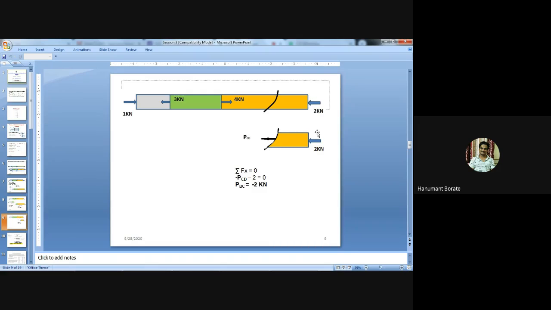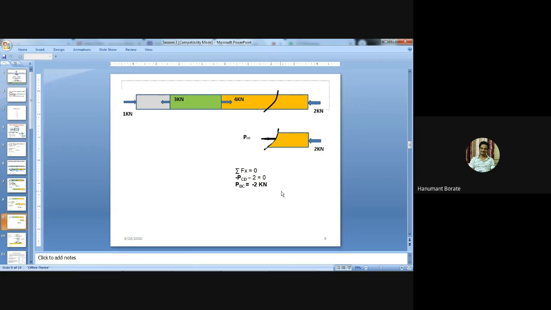That force is acting leftward, and this is the internal force of the CD member. Here I have taken it tensile. Again use the equilibrium condition and apply the sign convention. So we'll get the force in the member, equal to minus 2 kilonewton, meaning this force is a compressive force.